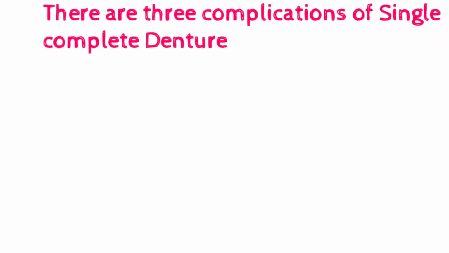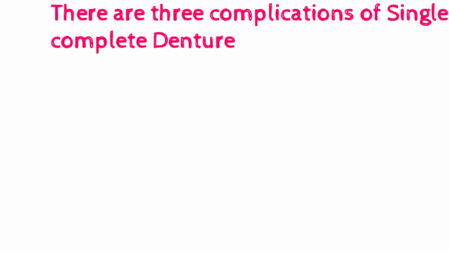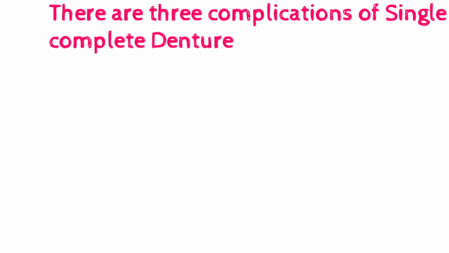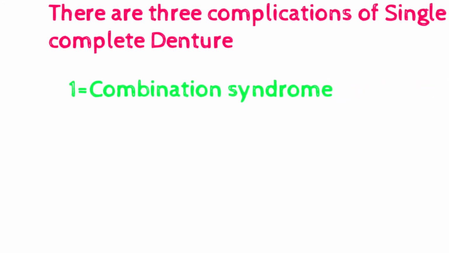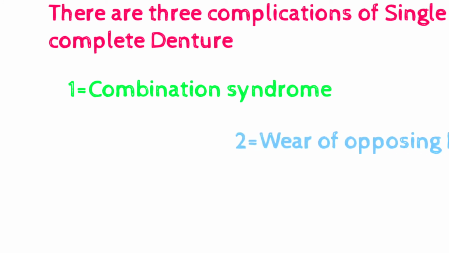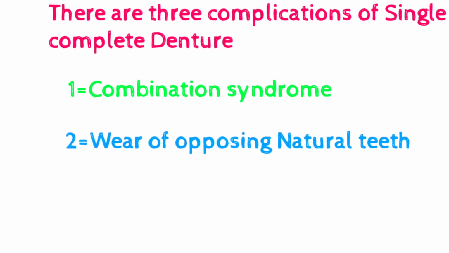Now come to the complications. Lastly, there are 3 complications of single complete denture. Number 1 is the very important combination syndrome. I will make a complete video after this video on combination syndrome. It is very important.